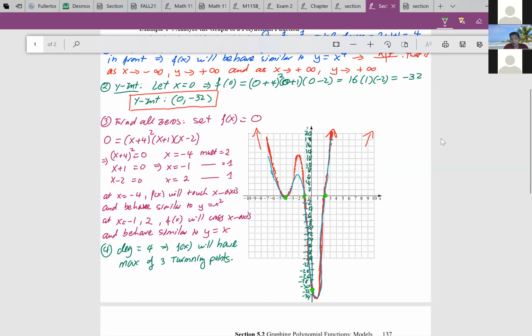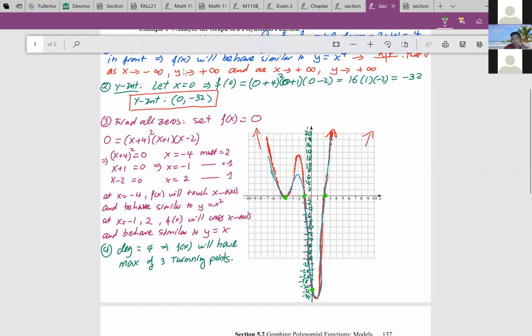And then x equals 2 also has a power of 1, so it will be a straight line going through there. So in order for us to fill out that requirement, after it crosses the y-intercept, it has to turn around so that you can get back to crossing the x-axis at x equals 2. And then you can see the long run behavior indicates that it will go up forever on both sides. And that's what we have.